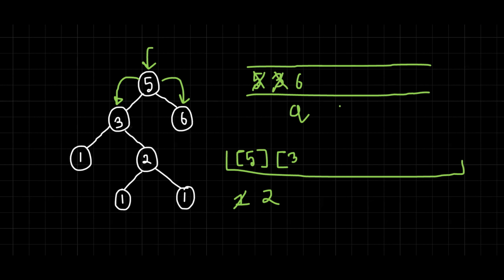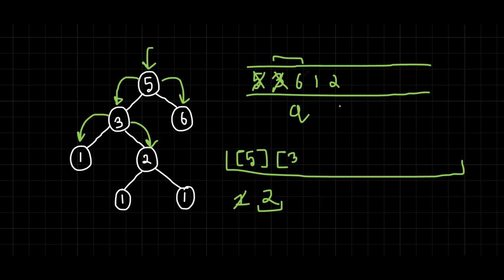After removing, we have to insert the left child and right child of 3, which are 1 and 2. Again, as the size of the previous queue was 2, we have to consider 2 elements, which are 3 and 6, for the second level.